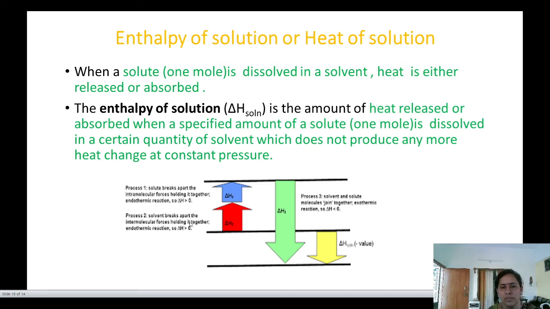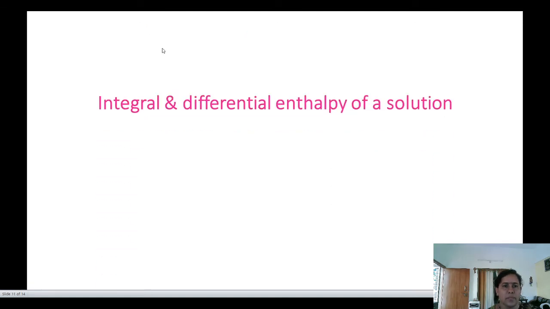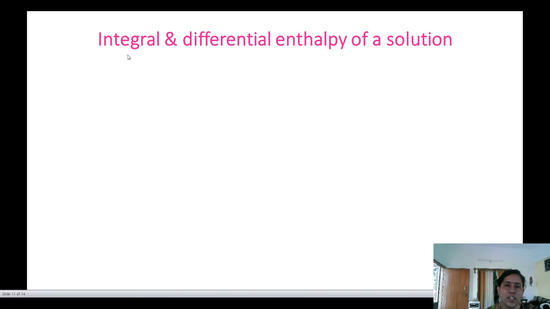This is the diagrammatic representation for the enthalpy of solution. You can see this here, the enthalpy of solution. Now, the next term is the integral and differential enthalpy of solution. The definitions of these two are the same, but the only difference is that in integral enthalpy there is a preparation of a solution by dissolution, and in differential enthalpy we have to dilute the solution.